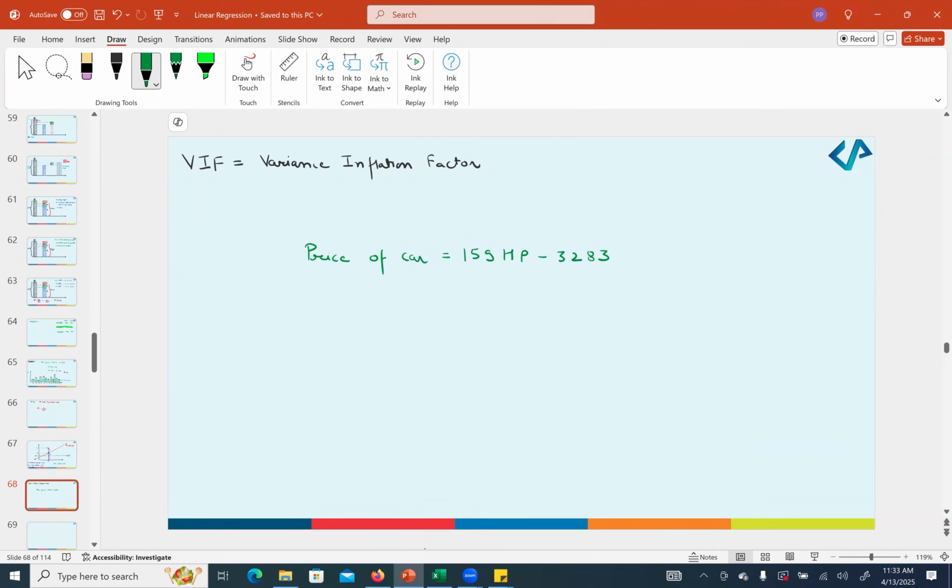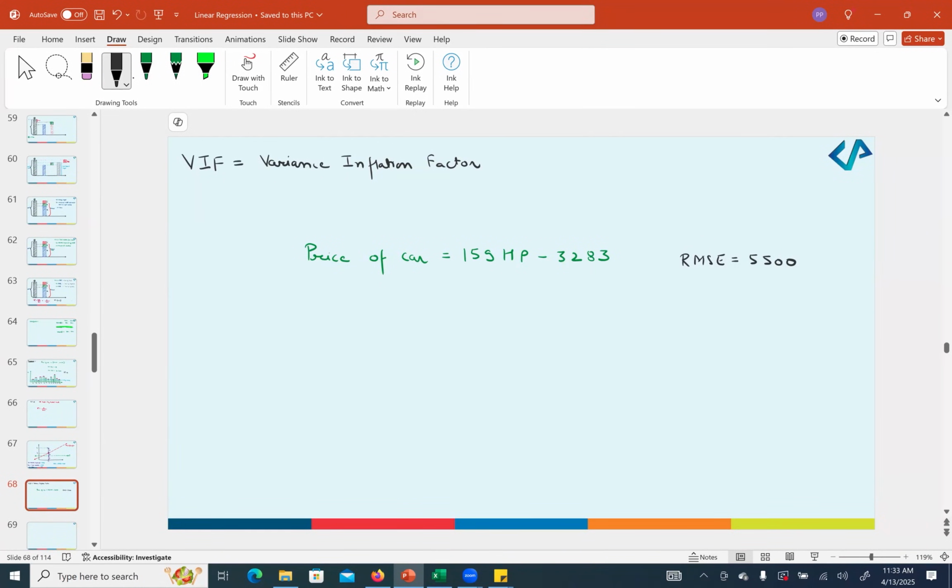So price of the car is this much. And it has some accuracy, or RMSE. Let's say the RMSE associated with this is 5500.